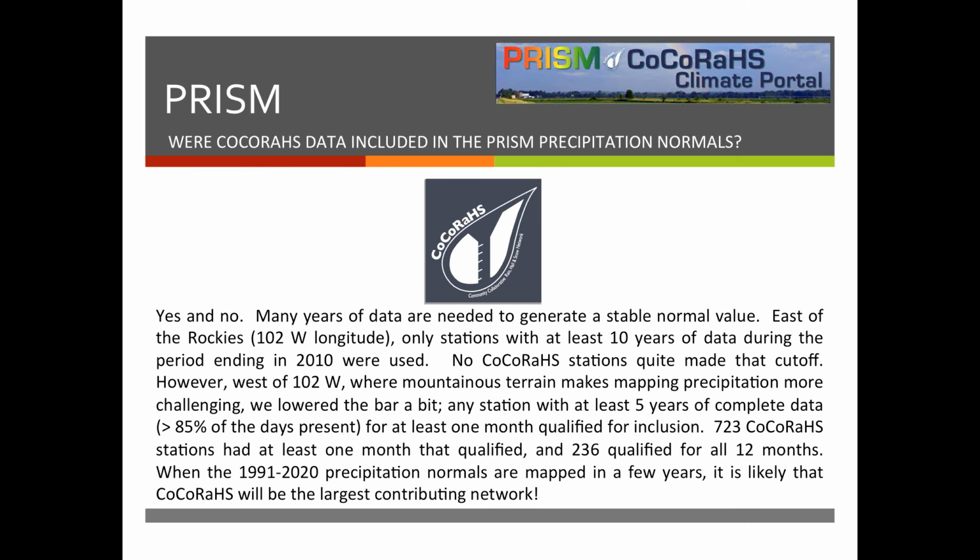And it turns out that 723 CoCoRaHS stations, mostly in the Colorado, Wyoming, New Mexico area, qualified, and 236 actually had full 12-month data. So CoCoRaHS is contributing to these normals in a small area, Colorado and immediate surroundings. For most of the country, it's going to take another 10 years before CoCoRaHS data are included over the country as a whole.